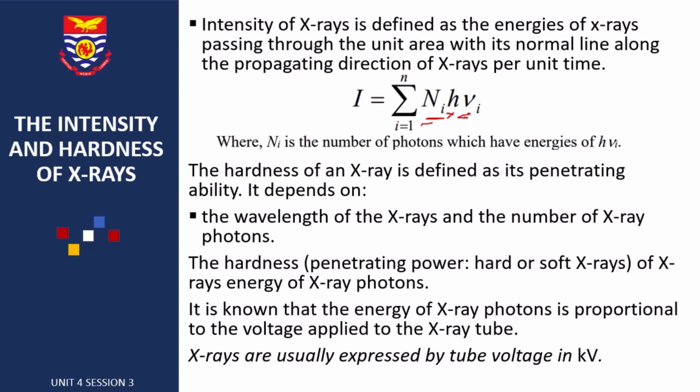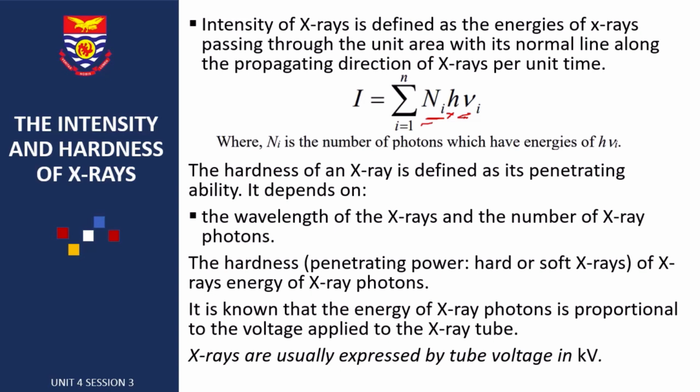When we say the hardness of an X-ray, we just want to know the penetrating ability or power. And this depends on the wavelength of the X-rays and the number of X-ray photons. The hardness of X-rays can be hard or what? Soft. It actually depends on the wavelength of the X-rays, not the number of X-ray photons.